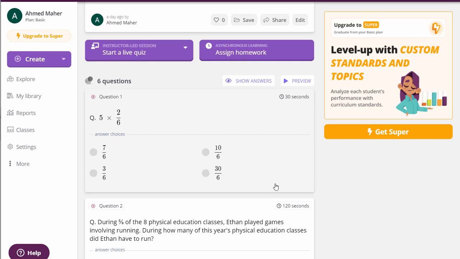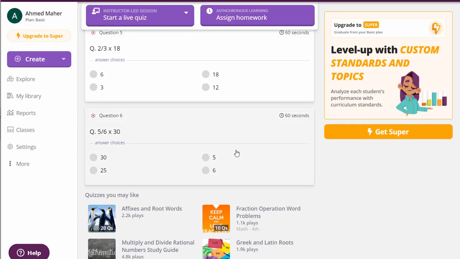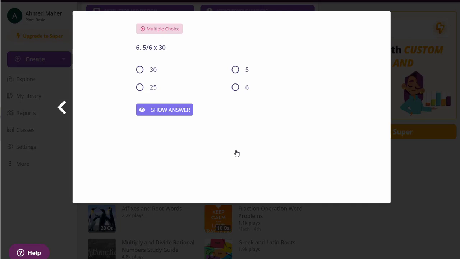Okay, Hussein, any problems? I want you to explain it one more time. Which one? The last one? Yes, this one. Okay. 5/6 times 30. How to do it? We multiply the 5 by 30.